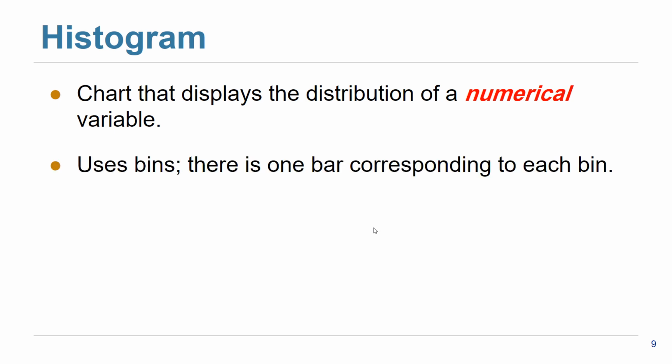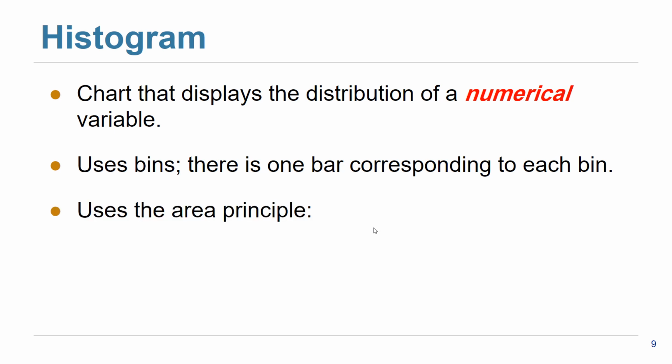We will use bins, which means that there will be one bar for each bin. You will see it very soon, it looks like a bar chart, but actually it's not. Remember, in bar charts, we have one bar per value, per category, because it was for categorical variables, right? Here, we have one bar for each bin.